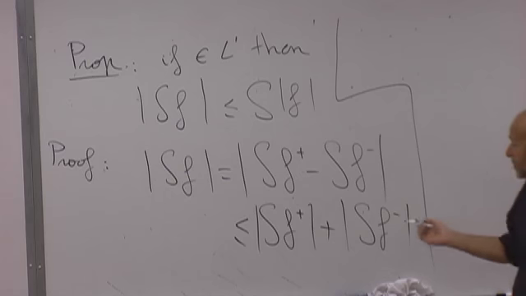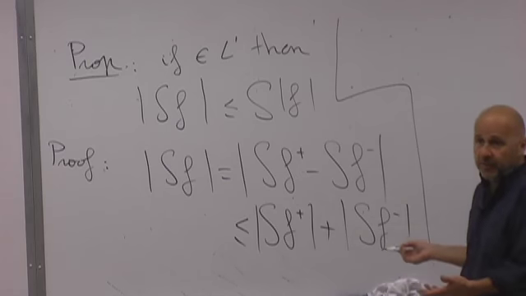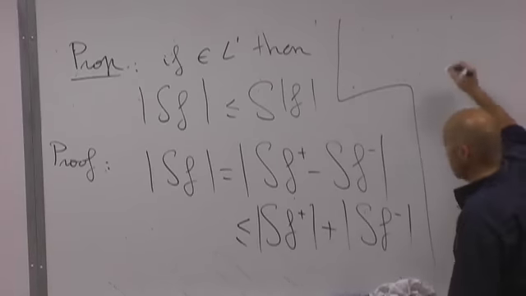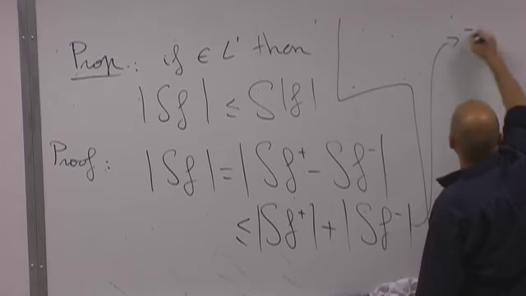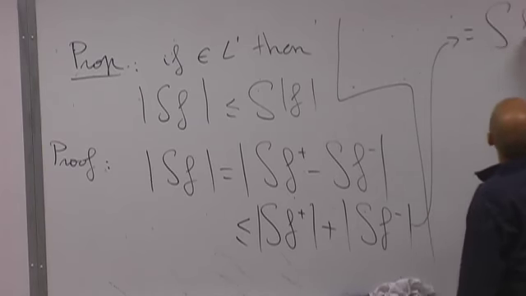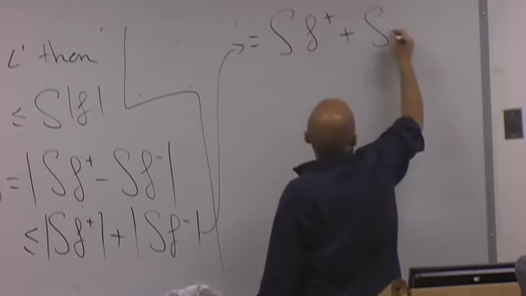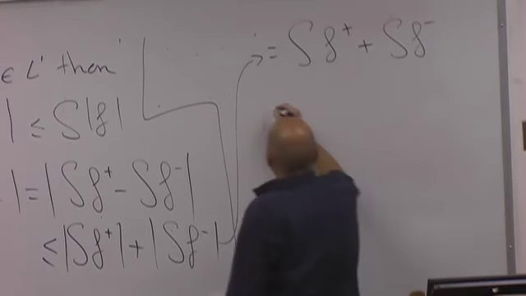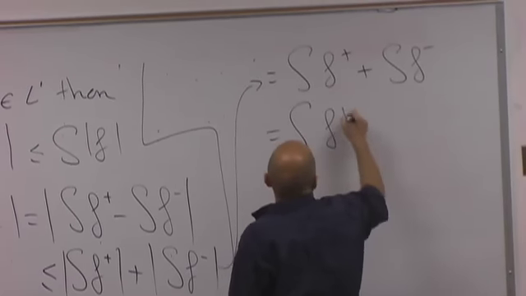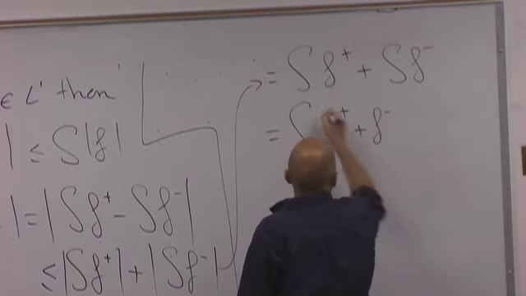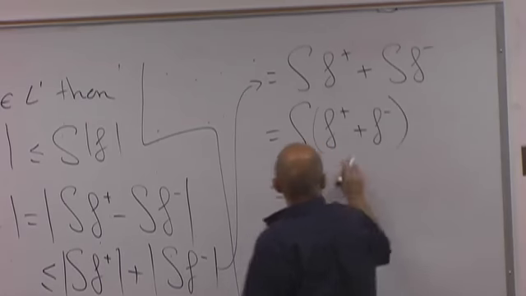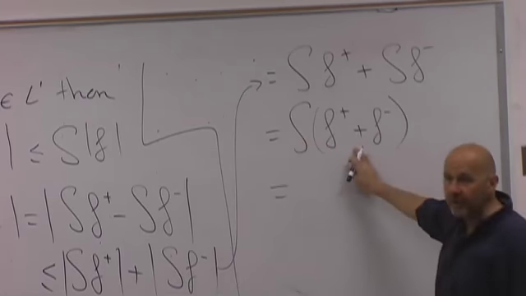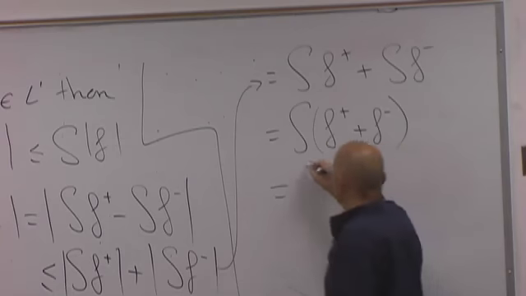But these two things are positive, so I can get rid of my absolute values. So this is actually equal to the integral of f plus plus the integral of f minus, which is the integral of f plus plus f minus. But this is exactly the absolute value of f. So we get our absolute value.